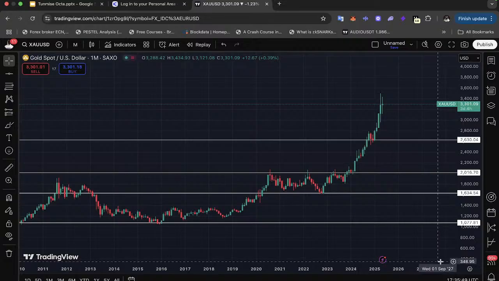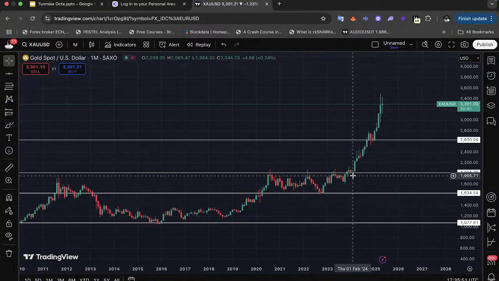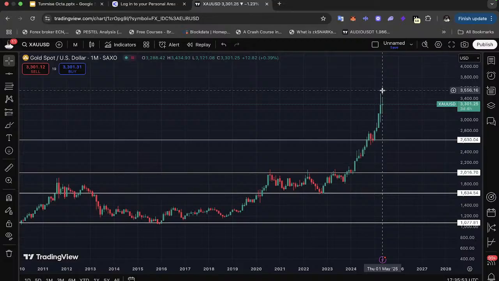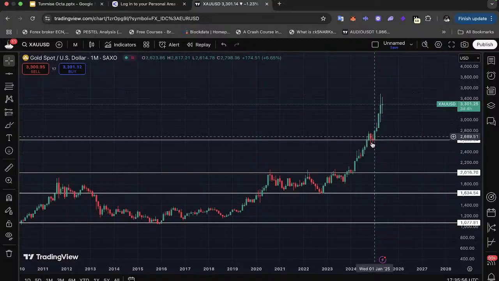All right, so that is why we can see that gold has been on a steroid move to the upside.